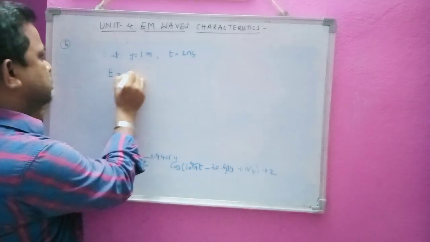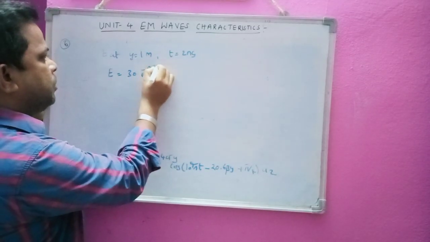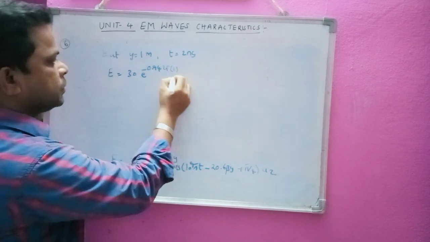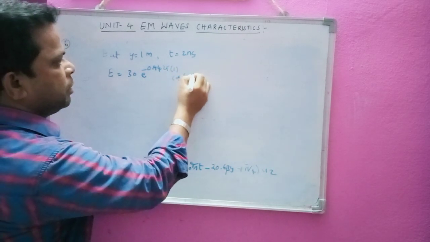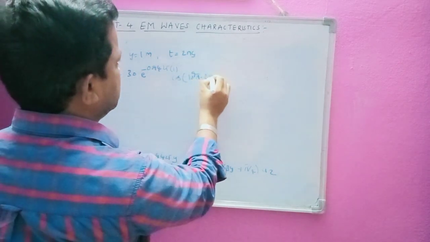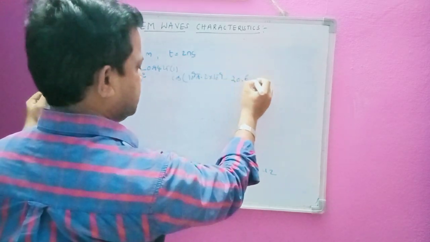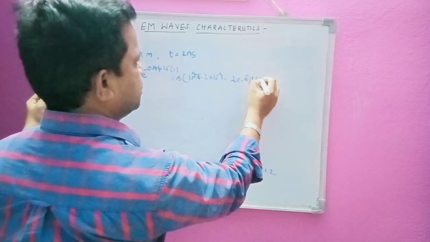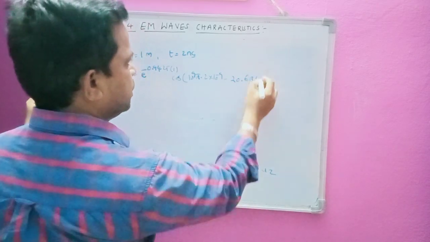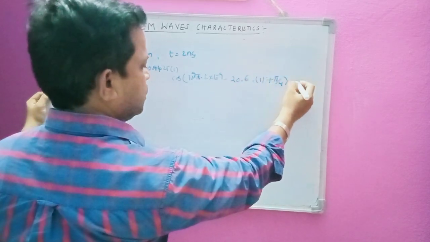Here E is equal to 30 into e power minus 0.9425 into 1 meter, cos 10 to the power of 9 pi, t is 2 into 10 to the power of minus 9, minus 20.9 beta into y, where y is 1 meter, plus pi by 4, into az.